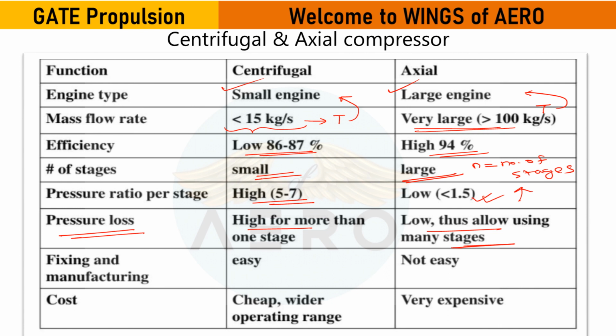Looking at the cost, centrifugal is very cheap because it is very easy to manufacture, so obviously it is going to be cheaper. Whereas axial is kind of expensive because of the number of stages and many complications.